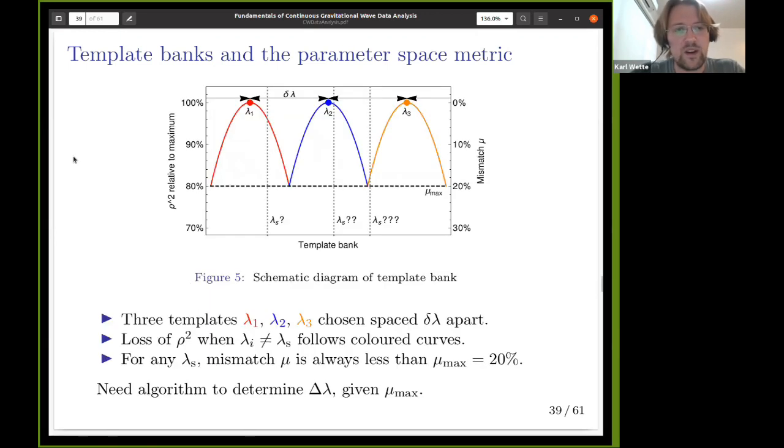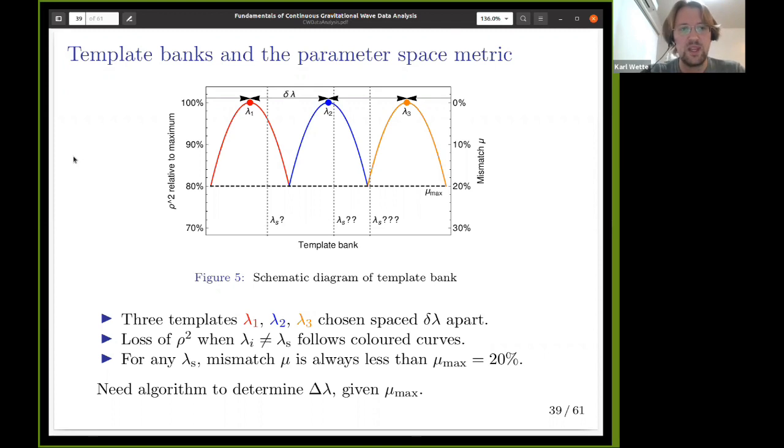So hopefully this little diagram will make it a bit clearer. Here we have 3 example templates which have some spacing. And the colored curves here are the mismatch that falls away as we move away from each template. But you see they've been positioned in such a way that when the mismatch from one template reaches mu max, which is 20%, it then starts to recover by the next template.